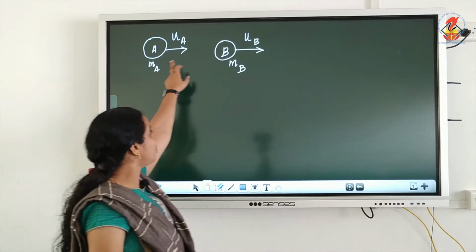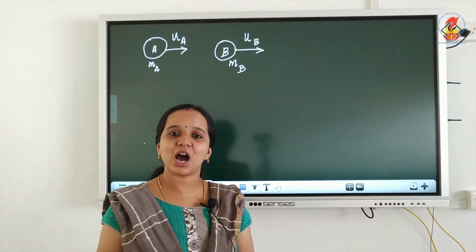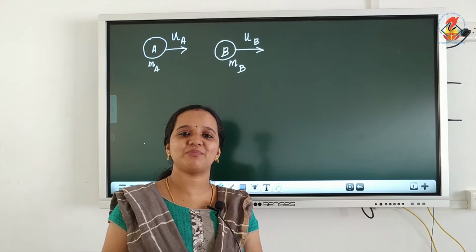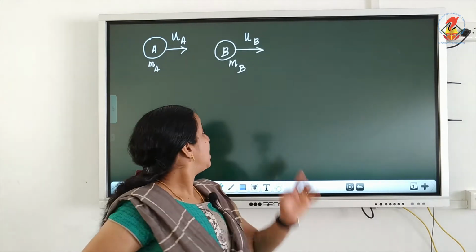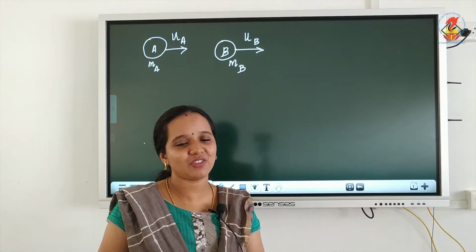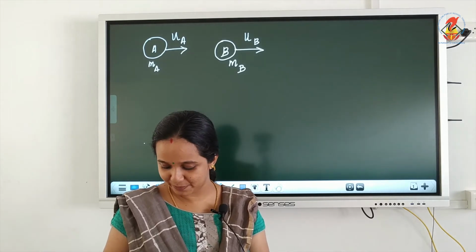Okay, so we have two objects, object A and object B. Both the objects are in motion, so they have initial velocities ua and ub respectively.